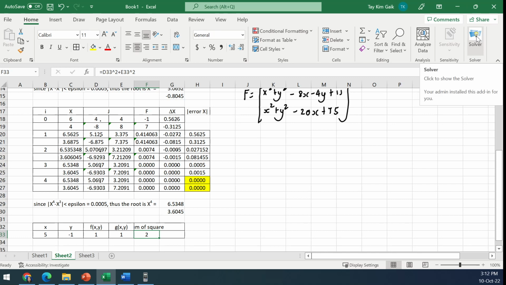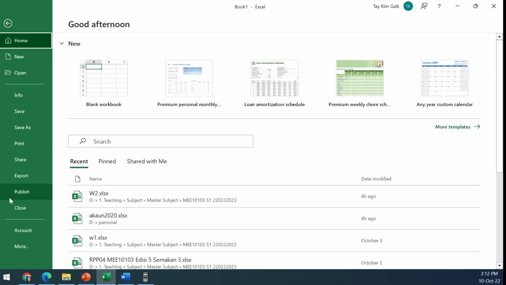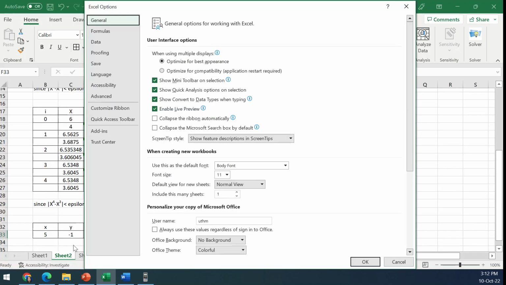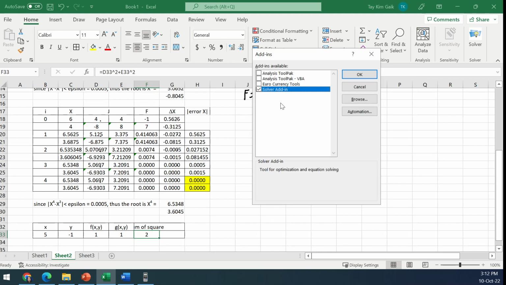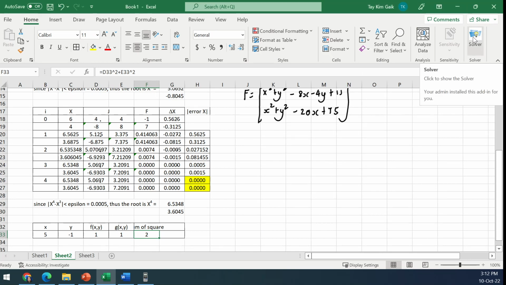Okay, if you cannot find this Solver, then you go to more options, add-ins, and then go here. Make sure you check the Solver add-in. So once you click OK, you can see the Solver here.